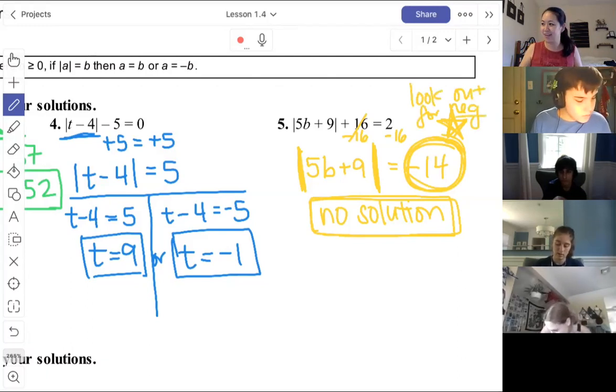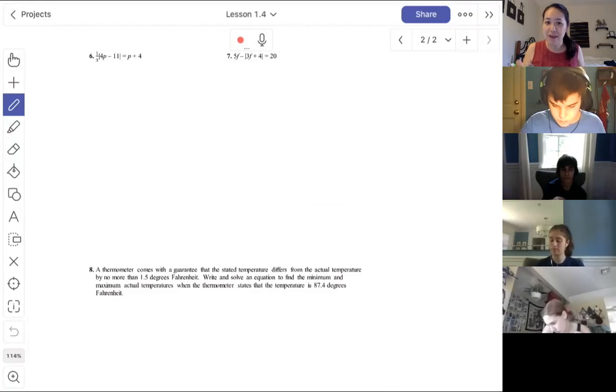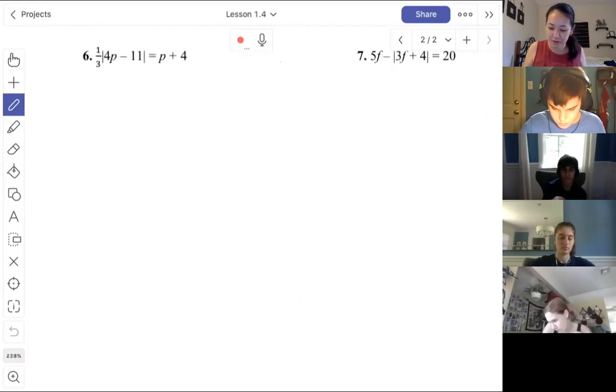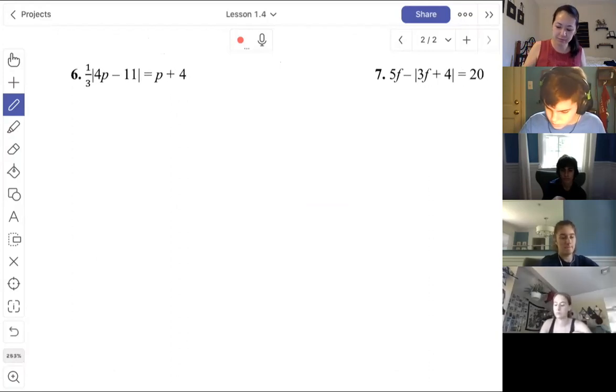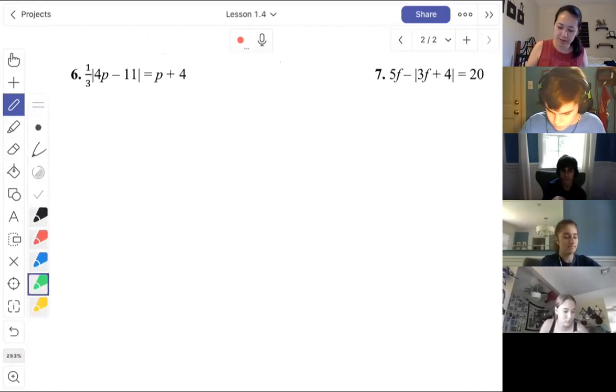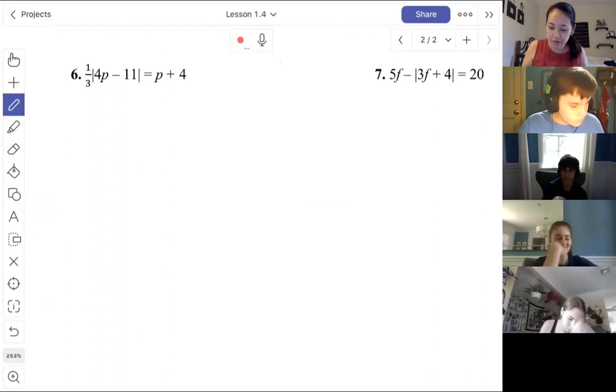Nice, guys. All right, let's go to the next page. Okay, so same thing, just a little bit tougher. We got variables on the right-hand side, and we also threw in a fraction, just for kicks. So step one, still the same. Isolate the variable.